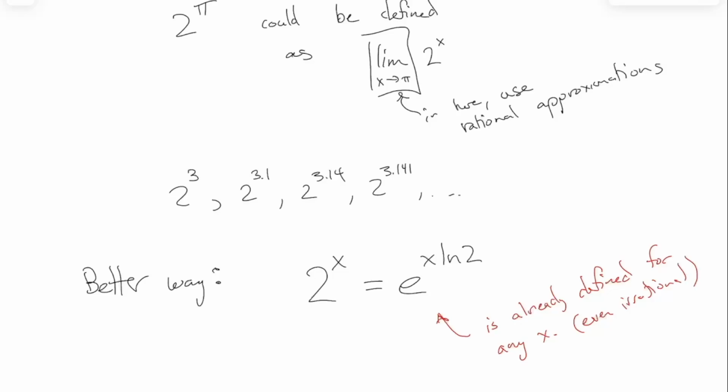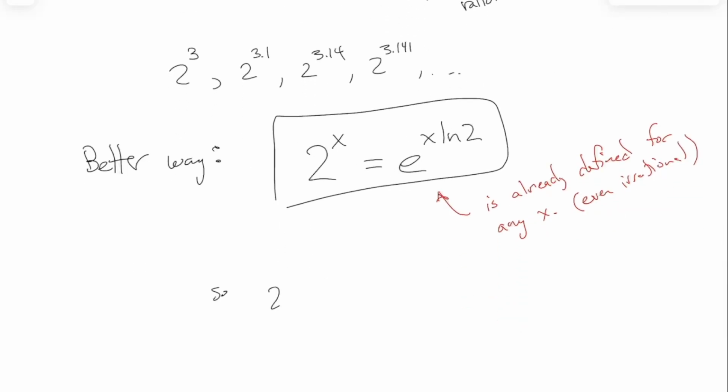So this is what we are going to take as the definition of that function 2 to the power x. And so what does 2 to the pi mean? You can tell your friends at dinner, when they ask you, don't they ask you all the time, what does 2 to the pi even mean? Maybe they don't ask you that. But what it means is e to the pi times natural log of 2, where natural log of 2 is just some specific number which represents the area under the curve of something or other, which you can calculate if you want to using Simpson's rule or something.